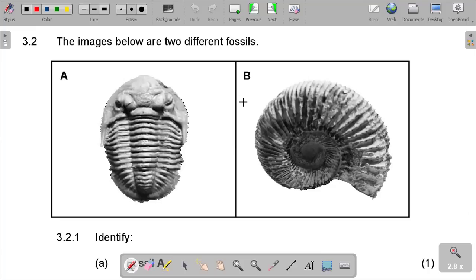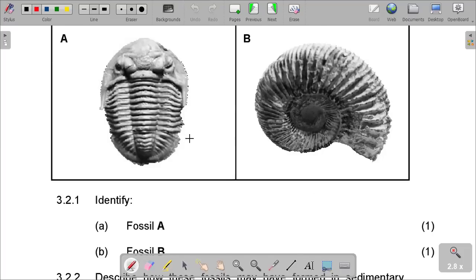Next question. The images below are two different fossils, A and B. Identify fossil A. We can see that fossil A is a trilobite.